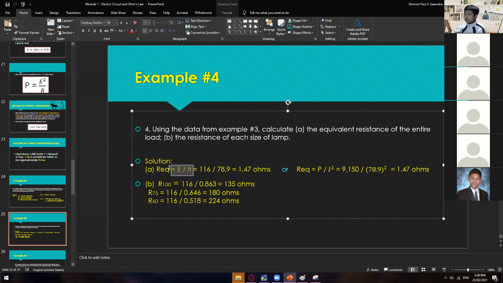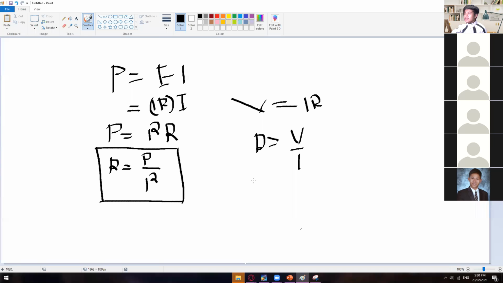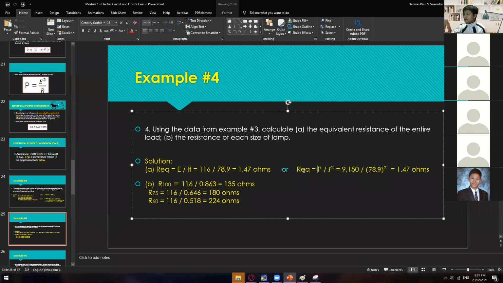You can use this Ohm's law, or our newly defined formula, R is equal to P divided by I squared. Either of those two, you will get the same answer, 1.47 ohms.